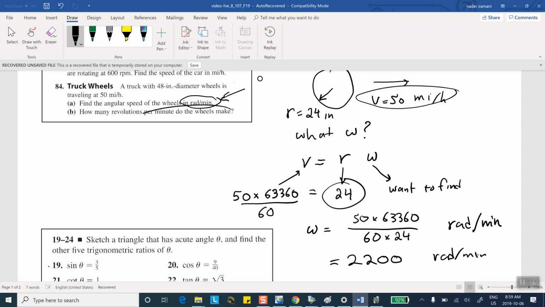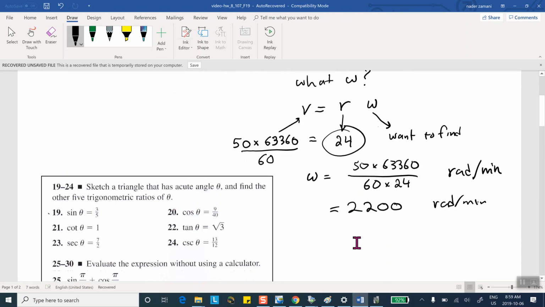Now in part B, it says how many revolutions. In other words, what is the speed in RPM?